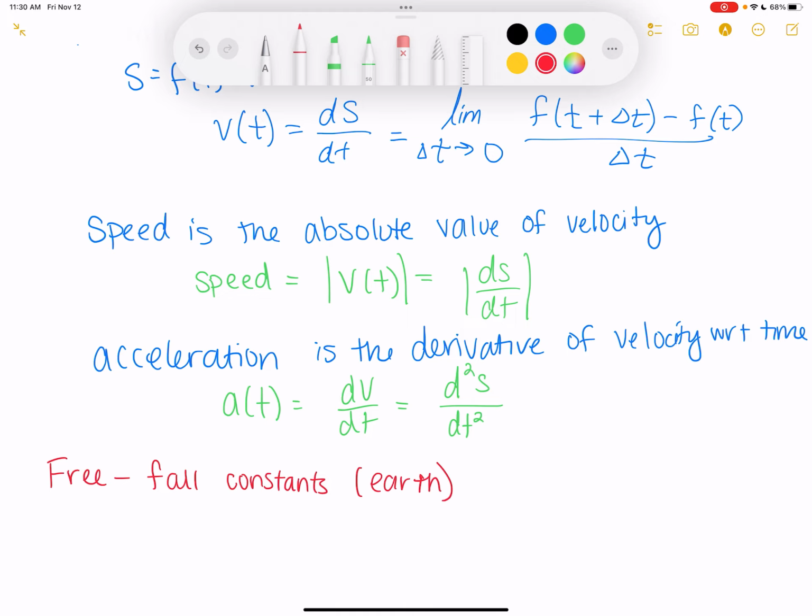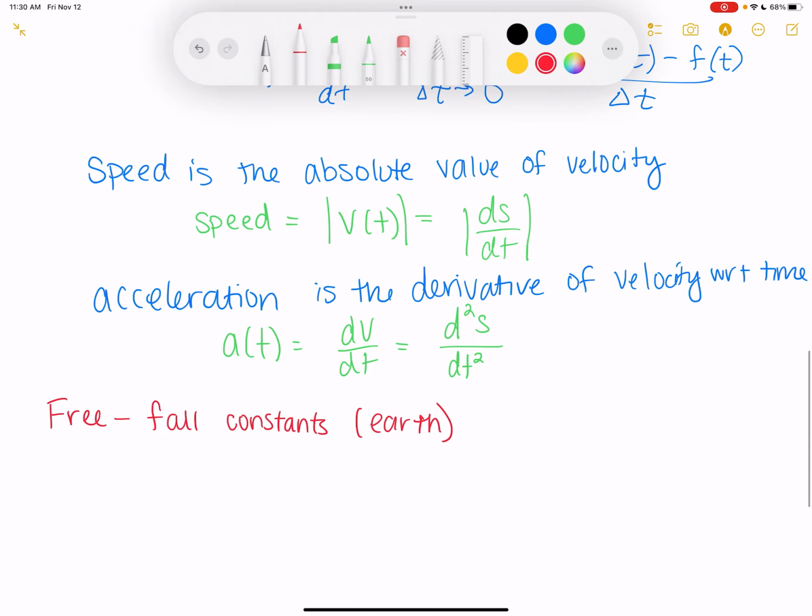All right, so free fall constants, g for Earth. If you need something different, your book will tell you what it is. But in our English units, g is equal to 32 feet per second squared.